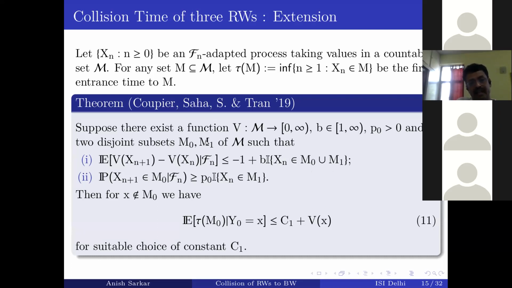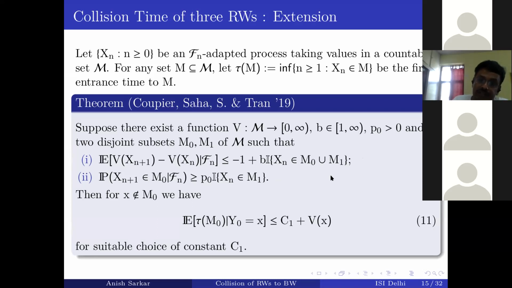M1 is another set. In our case, v is the product of the distances, and this set M1 does not exist; it is the empty set. But in more general dependent cases, there will not be this kind of exact expression where everywhere it is equal to minus one.